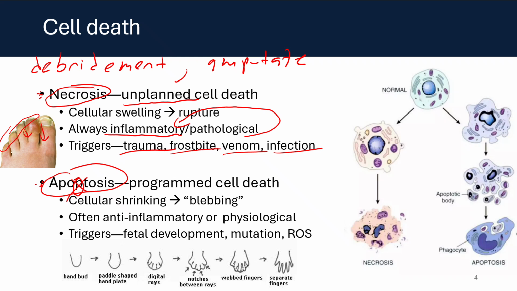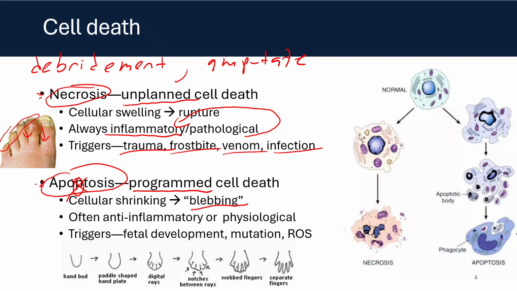Apoptosis, on the other hand, is programmed cell death. Instead of the cell popping and bursting open, apoptotic cells shrink and safely disperse their functioning organelles into little vesicles known as apoptotic bodies or blebs.